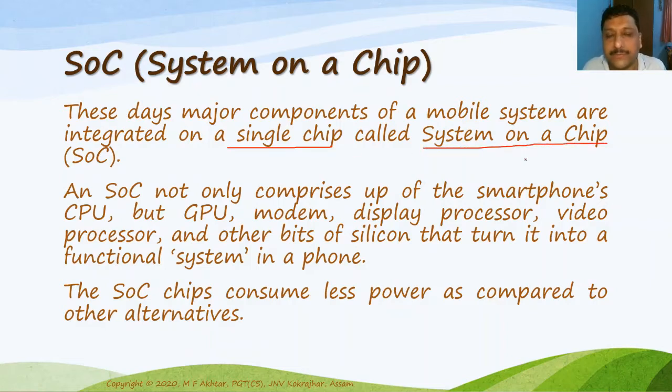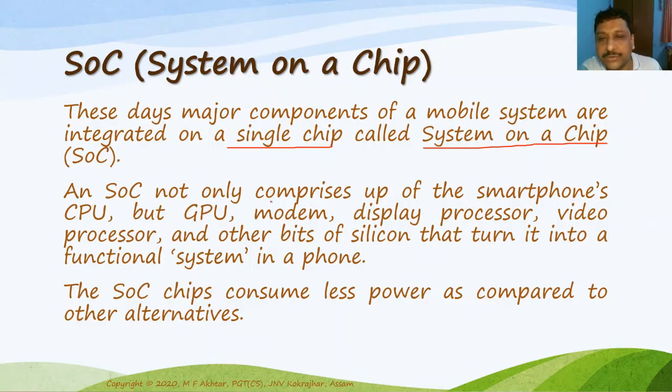Now what is the benefit? First of all, the components come at one place, and the other thing is that it consumes less power, so it can run longer on a single battery charge. This is the benefit here.